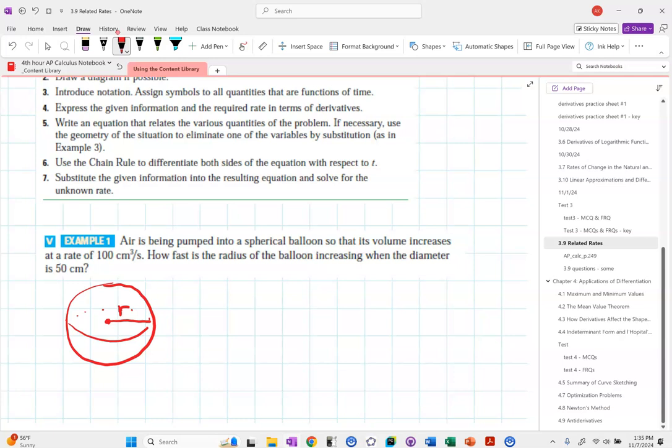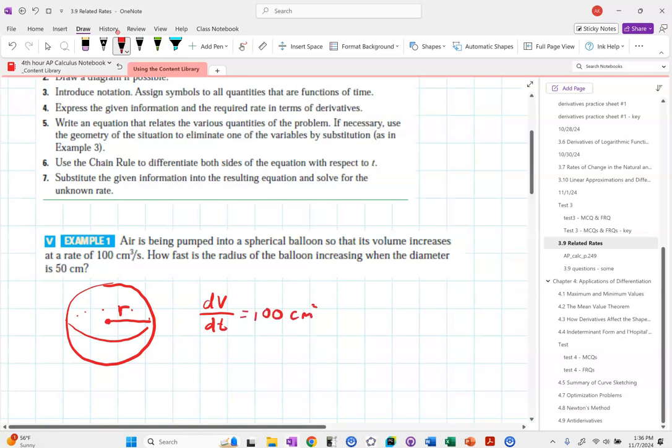What is given to us? It says the volume increases at a rate of 100 centimeters cubed per second. So that is dV/dt is 100 cubic centimeters per second.